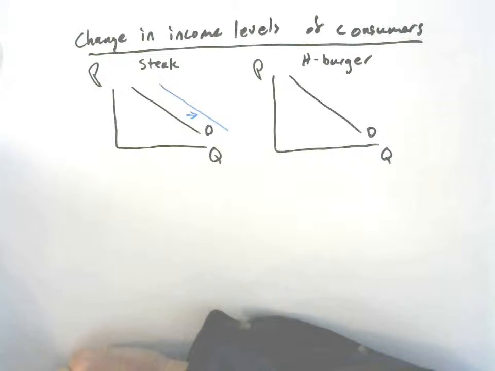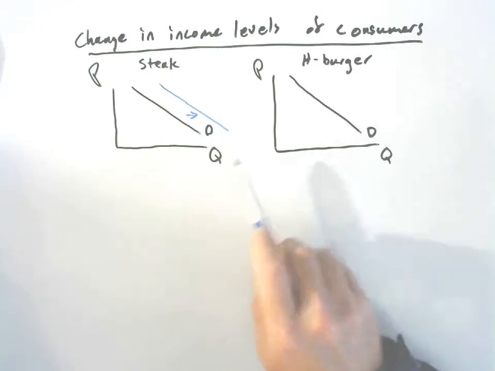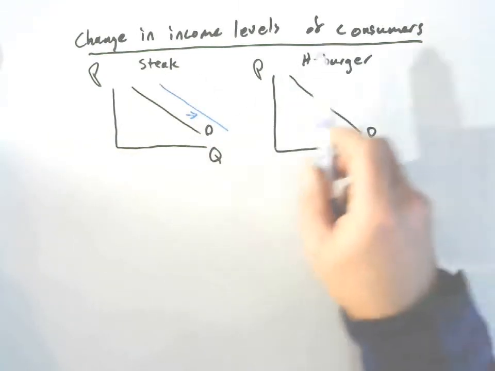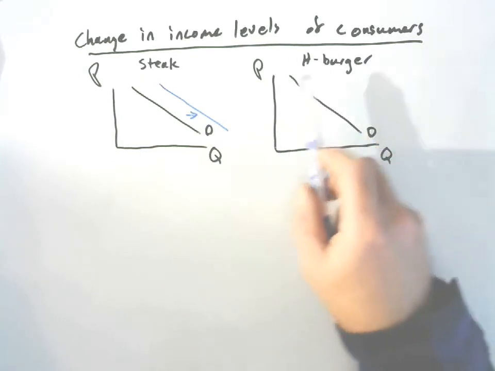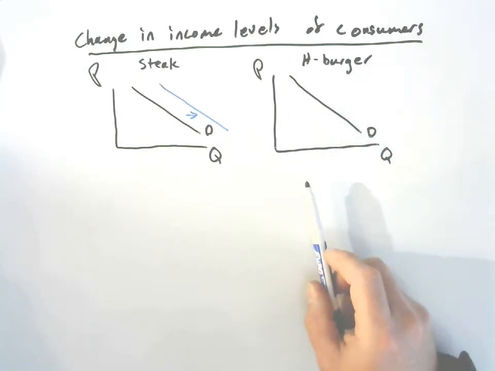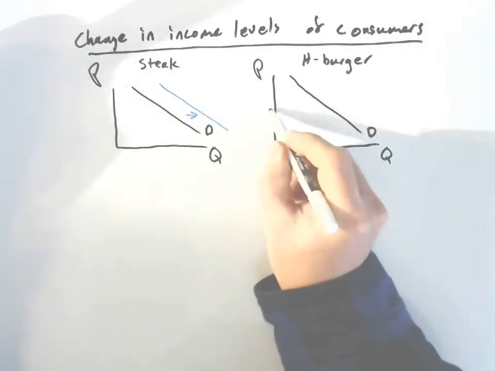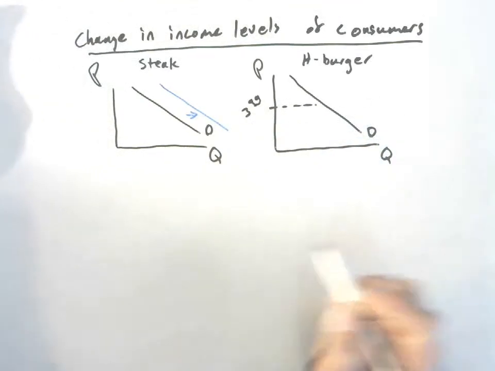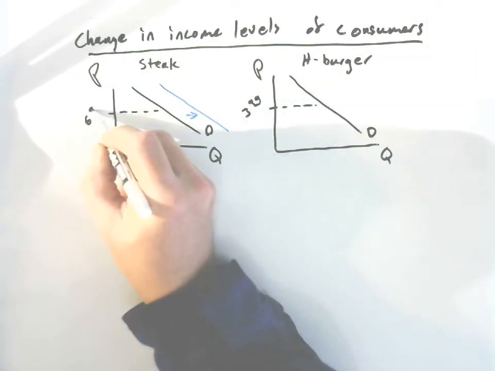At the same time, you'd probably see a decrease in the demand for hamburgers, because when people were less wealthy, they weren't purchasing the luxury steak-like product. They were probably purchasing more hamburgers and eating more homemade tacos and homemade hamburgers. Why? Because the typical price of hamburger is, say, $3.99 a pound, but a typical price for steak was probably $6.99 a pound.